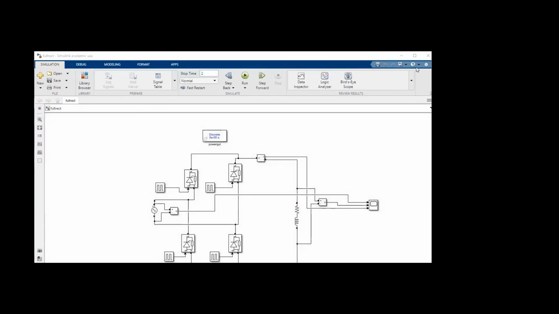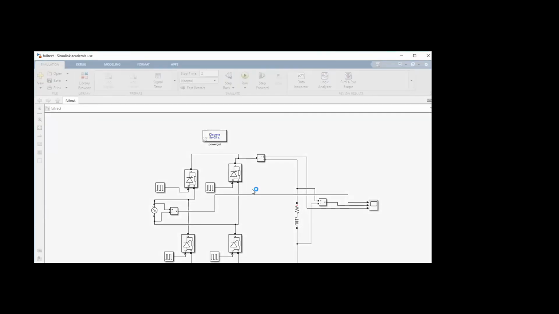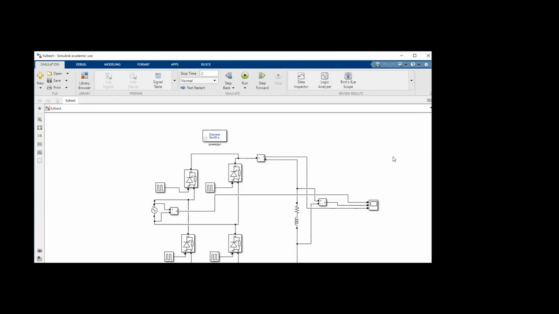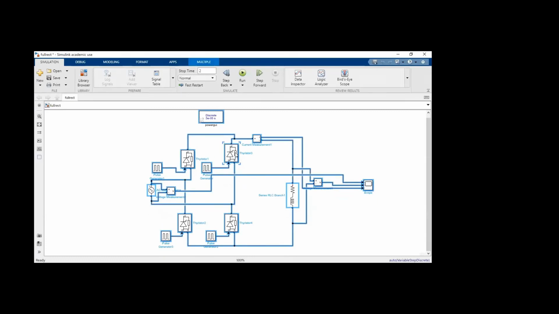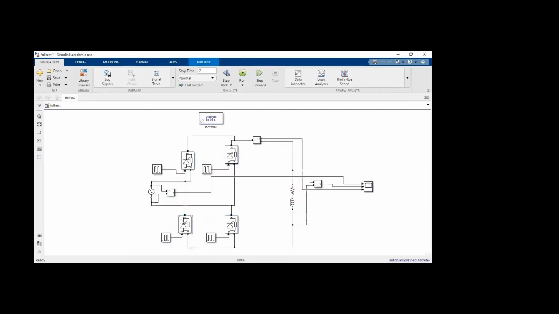So this MATLAB Simulink is visible, no? I'm running the model. Yes, it is visible. Now, if you observe here, it's a controlled rectifier.